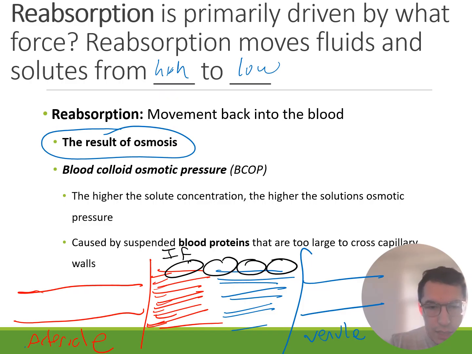Okay, so we have proteins within. So we have plasma proteins, we have red blood cells, we have some of these proteins. These proteins in a continuous and fenestrated capillary do not go into the interstitial fluid, they stay here regardless.